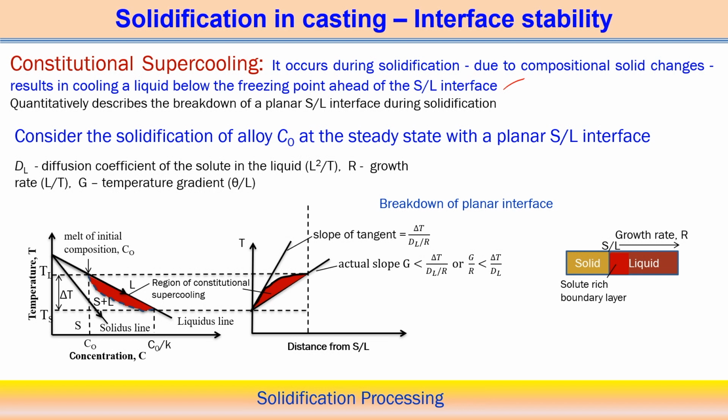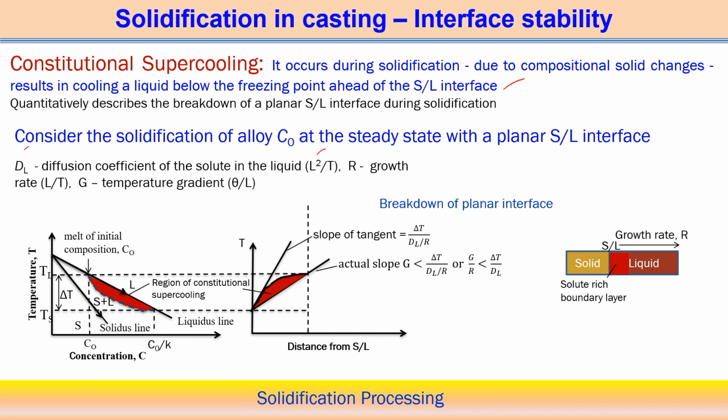But before that, we look at these parameters. One is the diffusion coefficient of the solute in the liquid, D_L. We define this parameter because constitutional supercooling is associated with diffusion occurring in the solid phase and the liquid phase.